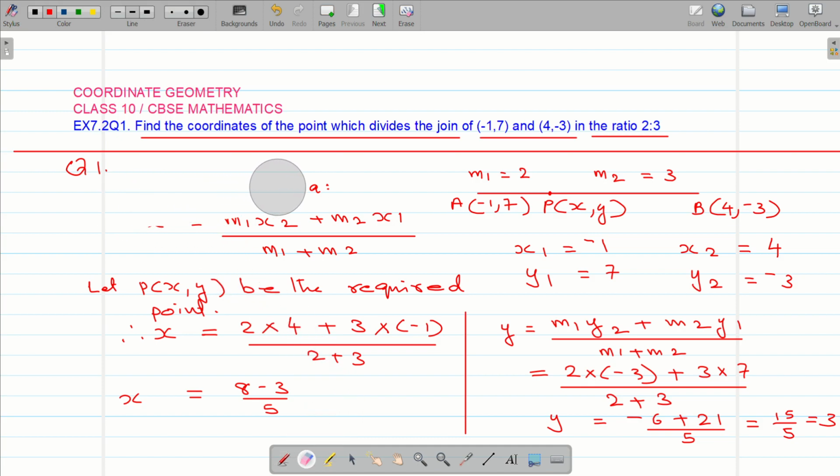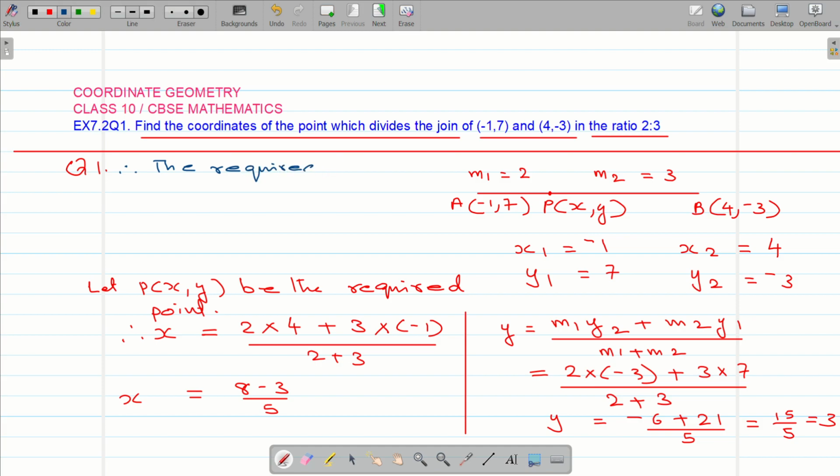Therefore, the required point is... What was the value of x? 8 minus 3, that is equal to 5. 5 upon 5, that is equal to 1.